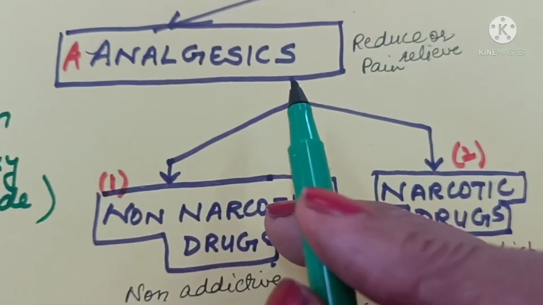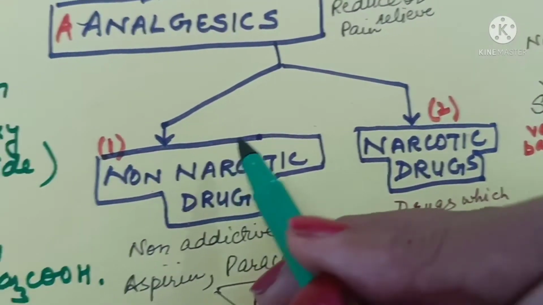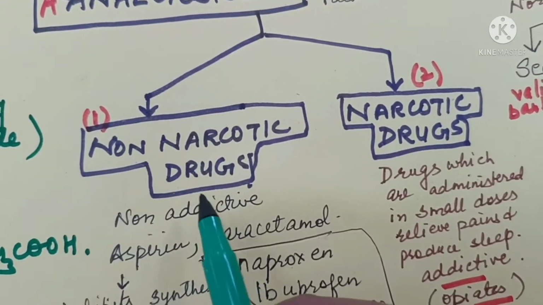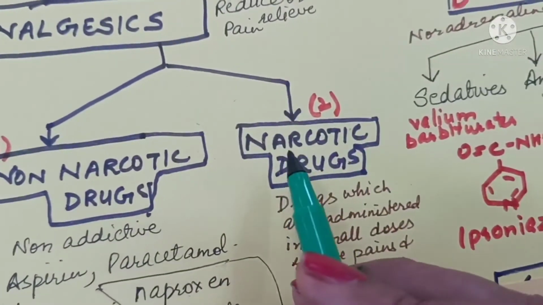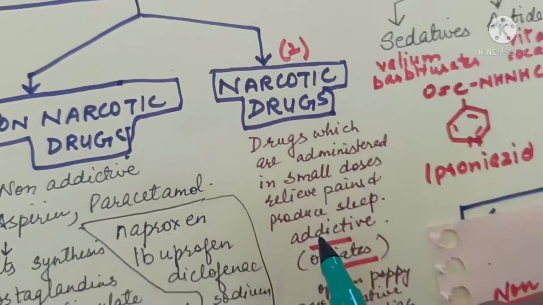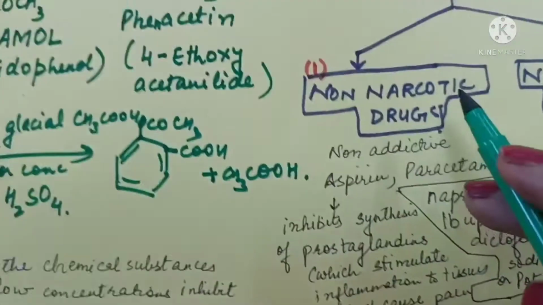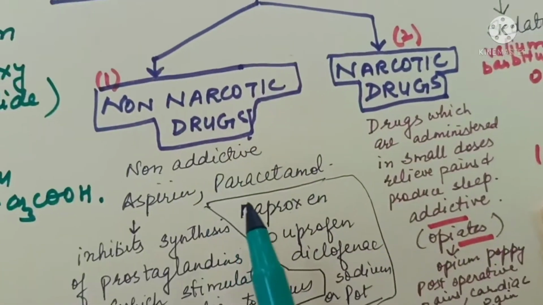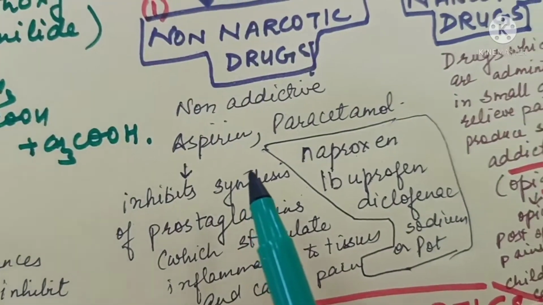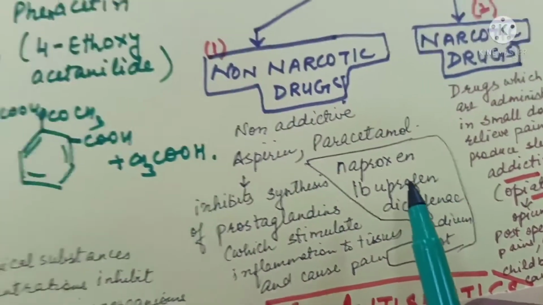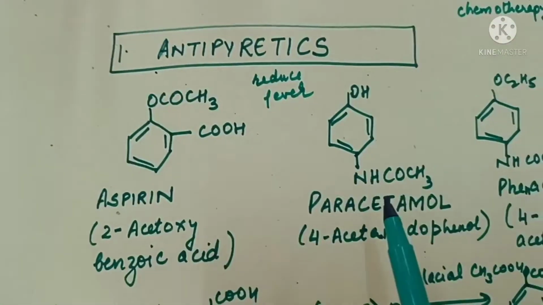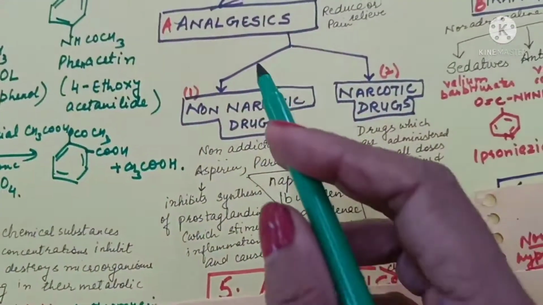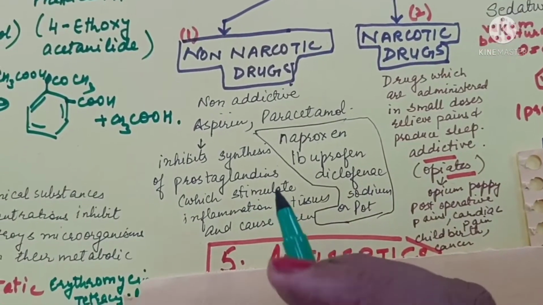They can be categorized into two categories: non-narcotic drugs, which are non-addictive, which are not habit-forming, and narcotic drugs, which are addictive. In non-narcotic drugs, the major analgesics used are aspirin and paracetamol. So, aspirin and paracetamol are used not only as antipyretics but also as analgesics.